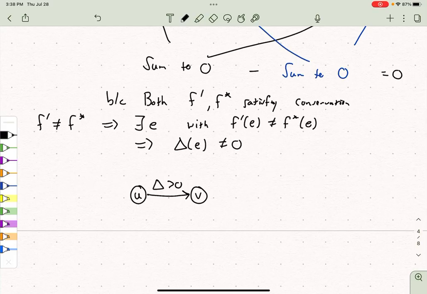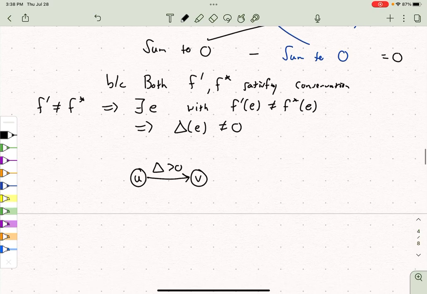Now, since delta is a pseudoflow and so has conservation, what do we know about the flow leaving V? Well, we know the net flow leaving V is 0. So either the edge leaving V also has delta greater than 0, so that the difference at V equals 0.